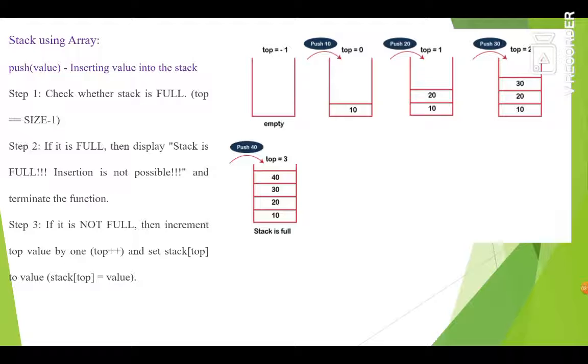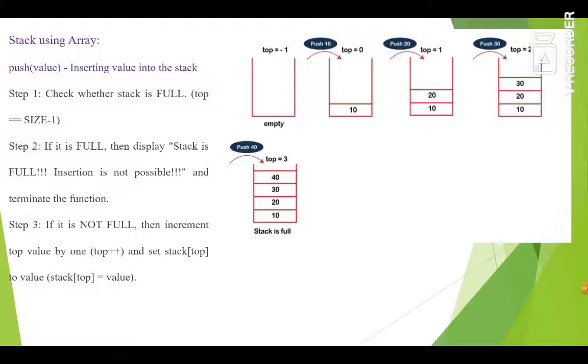Why have we given it like that? Size minus 1 is used because the index starts from 0. So that's why I am checking whether top is equal to size minus 1 or not. If the condition is satisfied, it implies that it is a full stack. We cannot insert the element. Insertion is not possible.